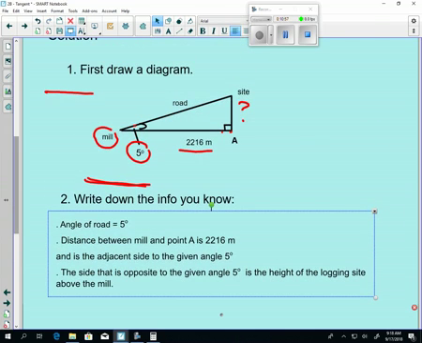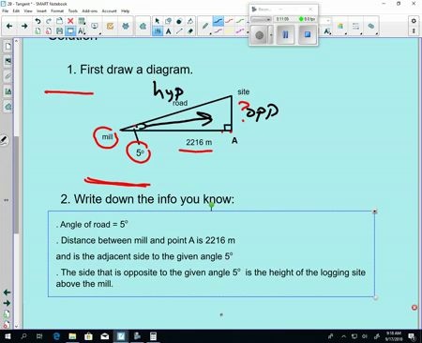Remember, when we have a reference angle, which is 5 degrees here, look quickly opposite. The long side is the hypotenuse, and the side next to the angle is the adjacent, ADJ. So I have A, I have an angle.